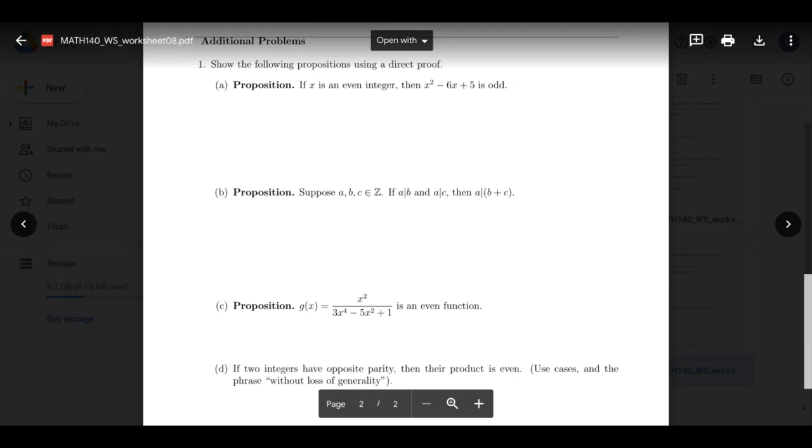So we just multiply those two: 2a times 2b plus 1. What do we get? We get 4ab plus 2a. Well, we factor out 2a, so 2 times 2ab plus a. That's in the definition: 2 times an integer. That's in the even form, which proves this is an even number.